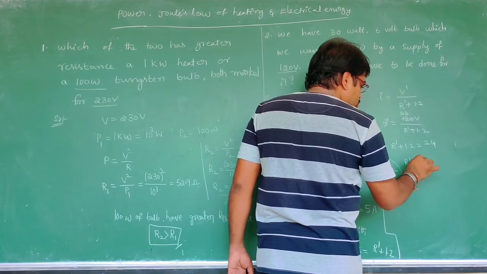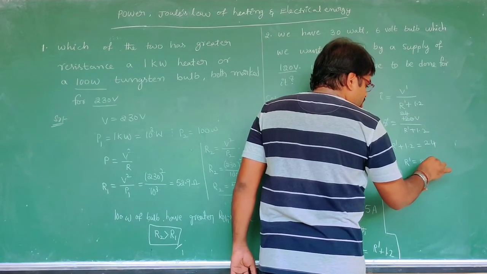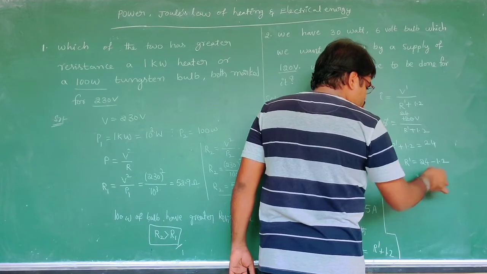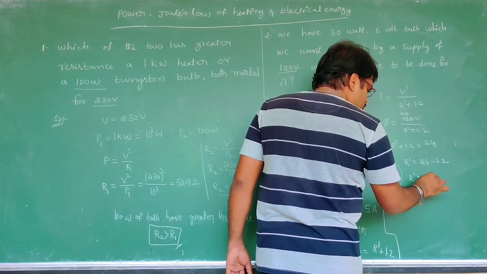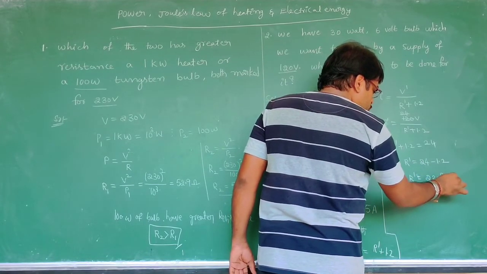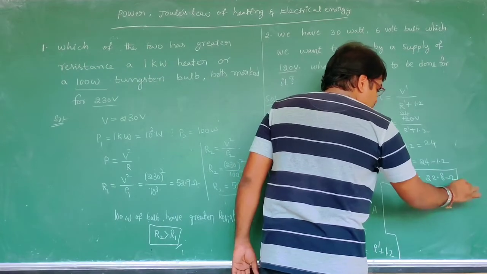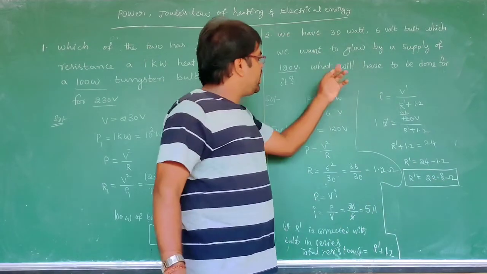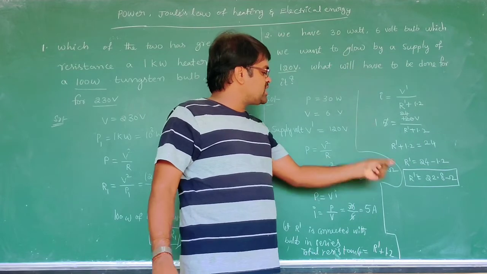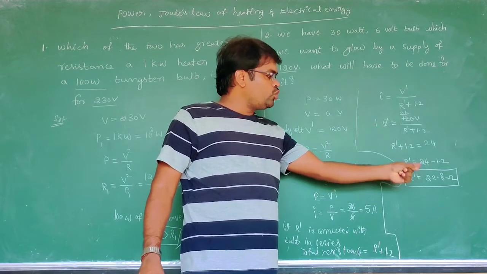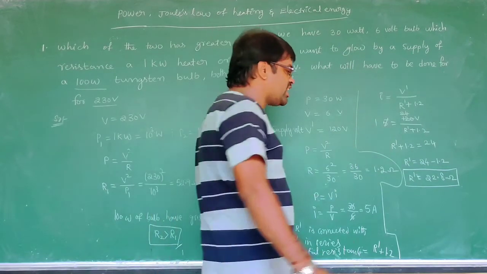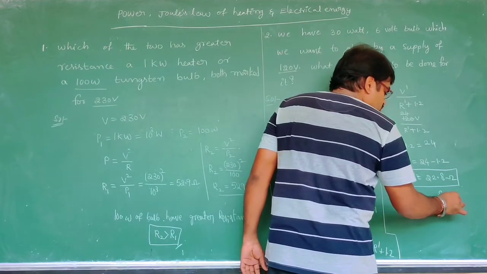Then R dash is equal to 24 minus 1.2, that is R dash is equal to 22.8 ohm. That means a resistance of 22.8 ohms has to be connected in series with the bulb.